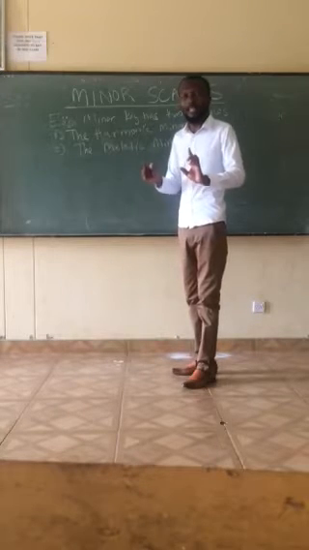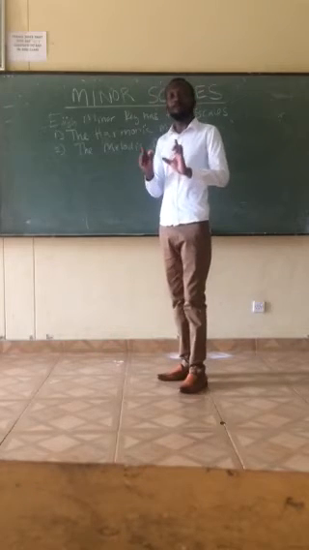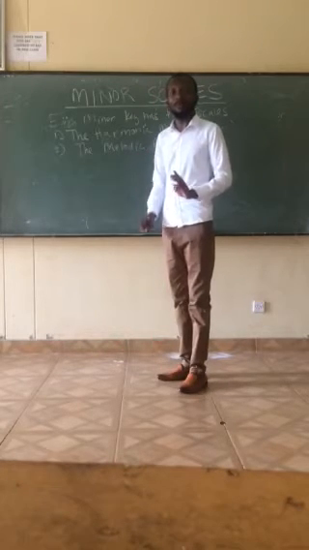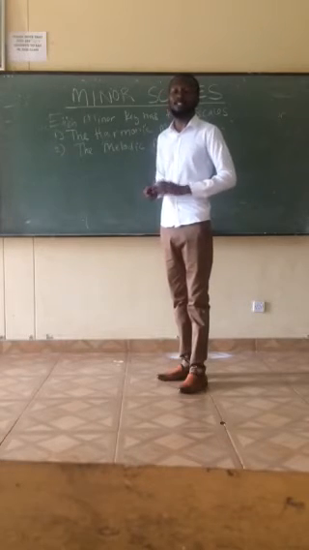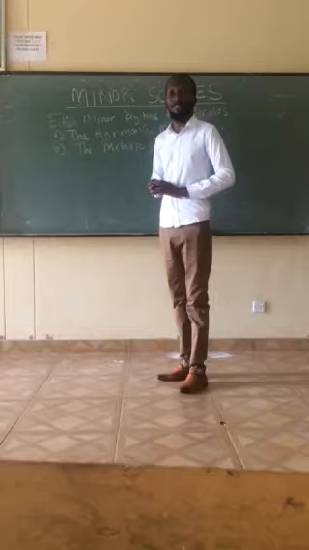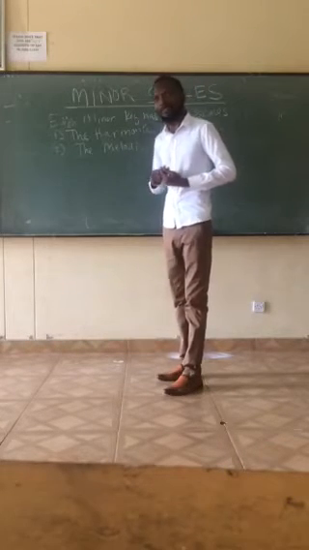We said that you can construct a minor scale from any major scale, starting on the 6th degree of that major scale. I hope it's understood from the previous lesson.